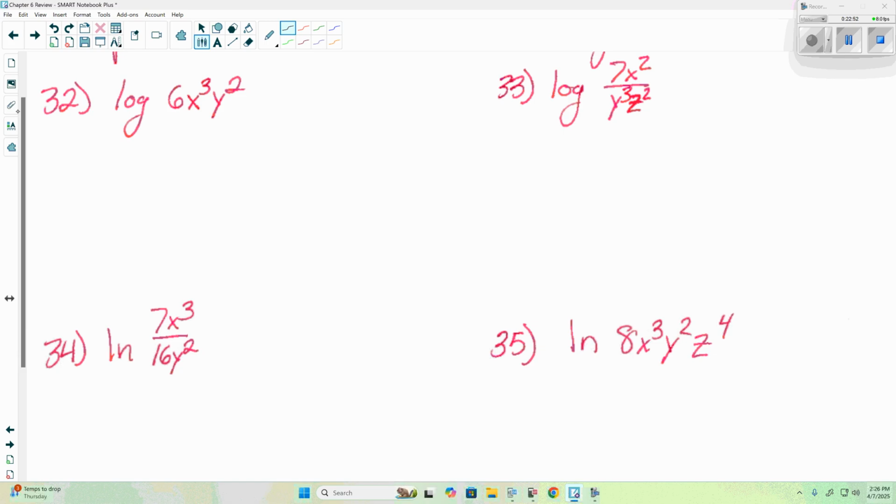Now, when we look at the first one, 32, log of 6x cubed y squared. We start off with quotient. Is there something being divided inside the log? No, so we don't have to do the quotient step. We just go straight to product. Our product says if we have 2 or more things being multiplied inside the log, we can rewrite it as a sum of those logs. So we'd have log of 6 plus log of x cubed plus log of y squared.